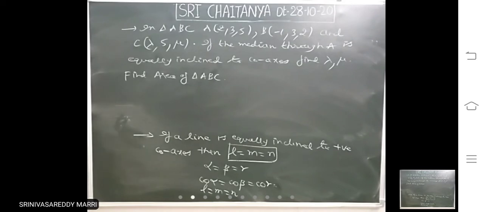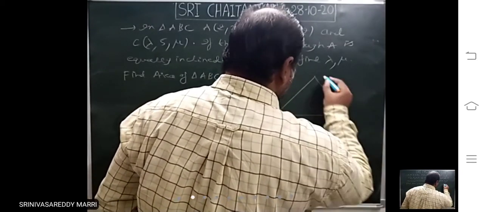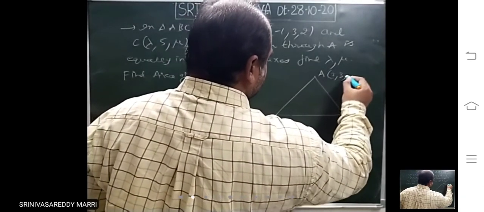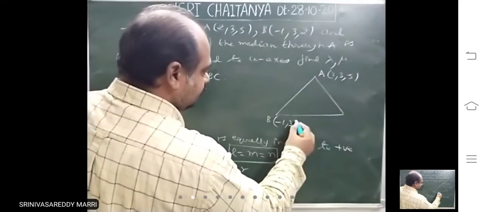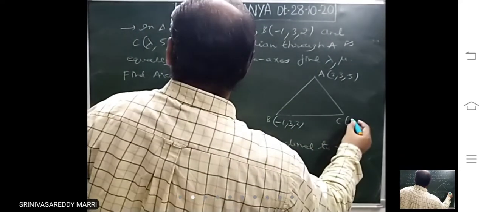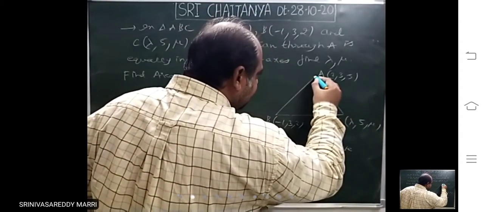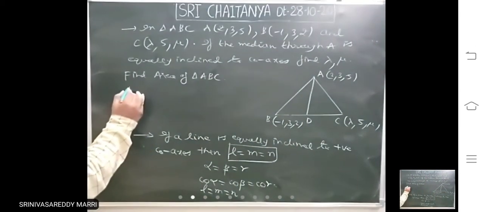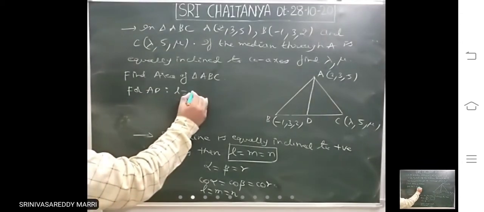Look at this problem. Very important model. In Mains, this question was asked two times. Given that AD is equally inclined, that means for line AD, equally inclined means what?